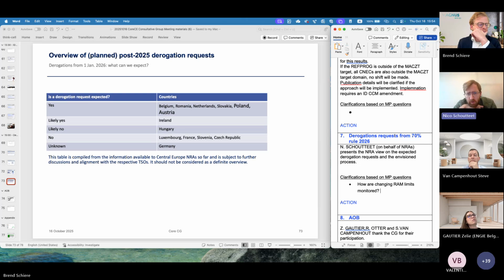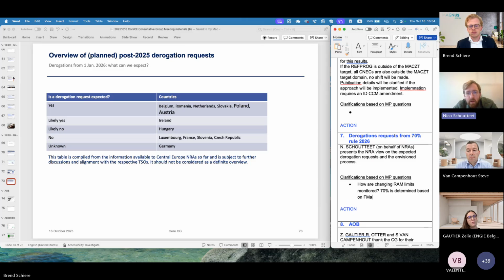That's a good question, and there's quite an easy answer to that actually. So 70% is according to the Fmax of the line, the maximum thermal capacity. Indeed, you might consider that it's difficult to really assess what that Fmax is. Then again, TSOs are quite transparent about this.